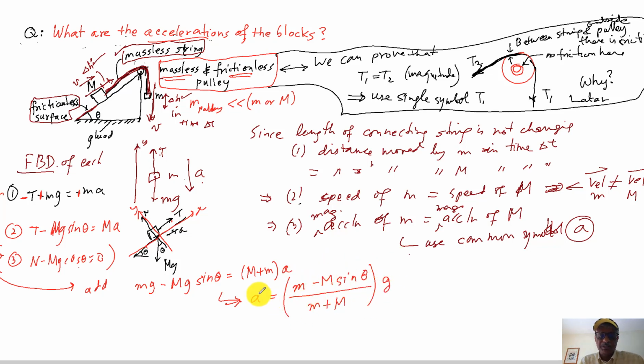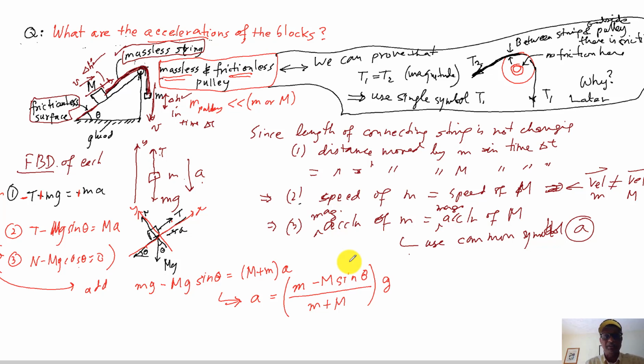Of course, you can see that the acceleration units are okay. Suppose theta was like vertically up, so theta will be 90 degrees, and so it will be the difference of the masses, and if the masses are equal, then it will not go anywhere.